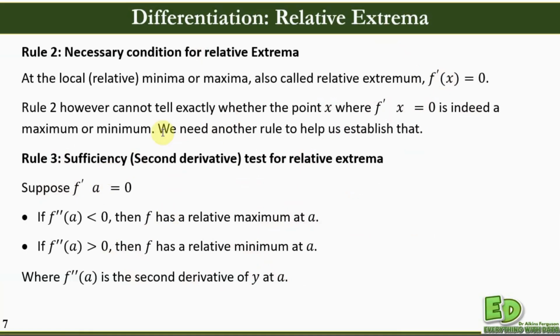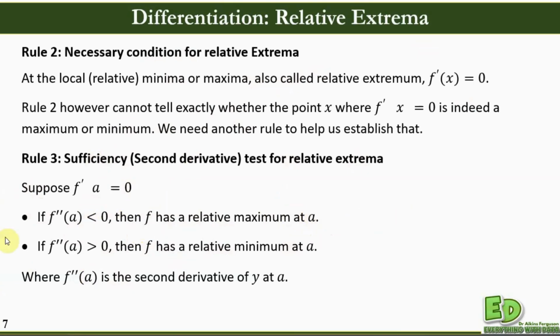This is also saying that you take the second derivative of what you differentiated. So here you do the first differentiation, and what you get, you differentiate it again. That's what this is saying. If you take the second derivative and it's less than 0, then the point is a relative maximum point at that value of the variable, say a or x.